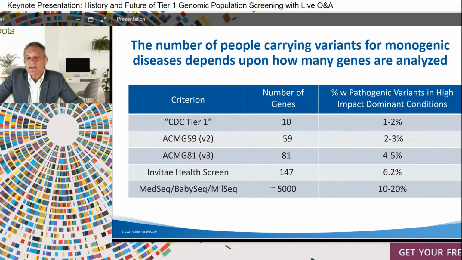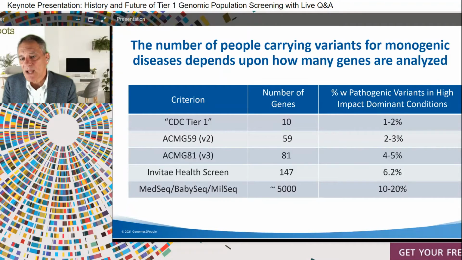If you believe these data and you take home one concept, I think this is probably the most important concept I'm talking about today, which is that what you find in a population depends on how many genes you test. If you think about that, it's pretty obvious, but we don't tend to think about it this way very often.